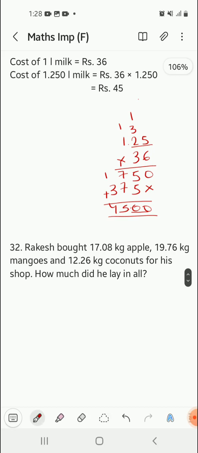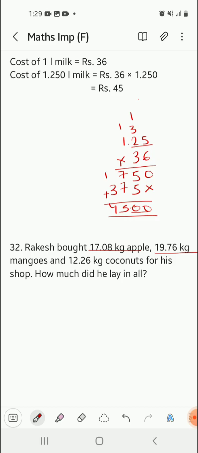Rakesh bought 17.08 kg apple, 19.76 kg mangoes, and 12.26 kgs of coconut. Now you have to find out the total, how much did he buy in all, that is how much of the total fruits did he buy, right?